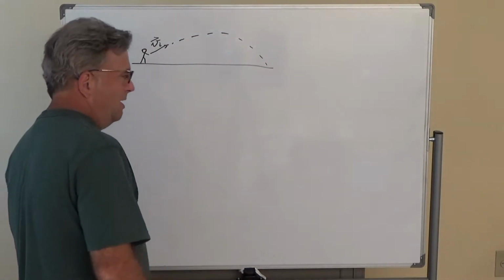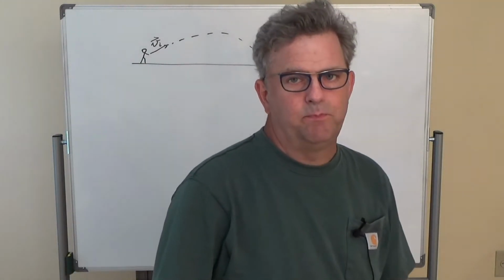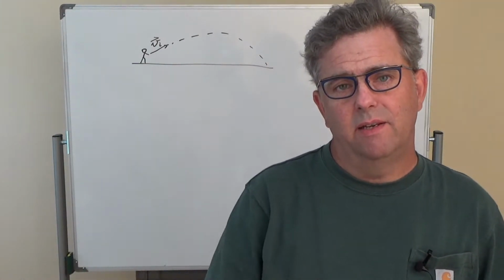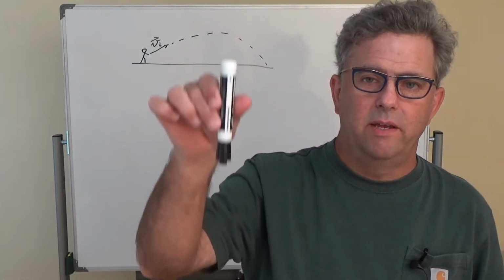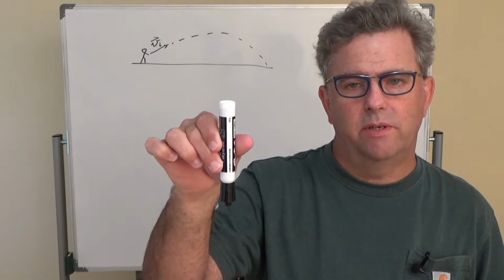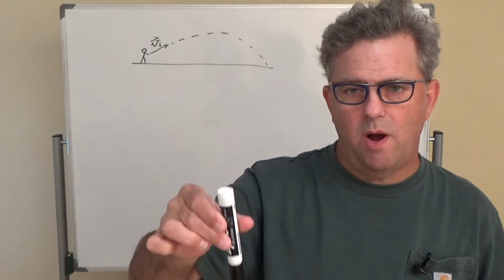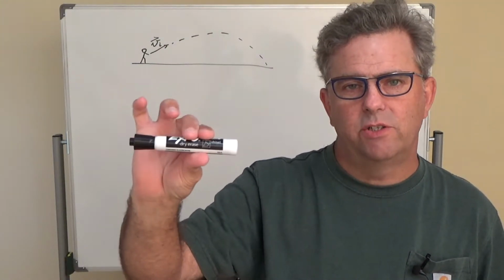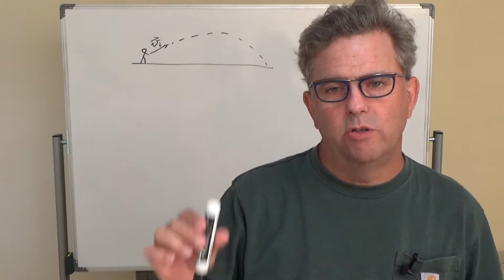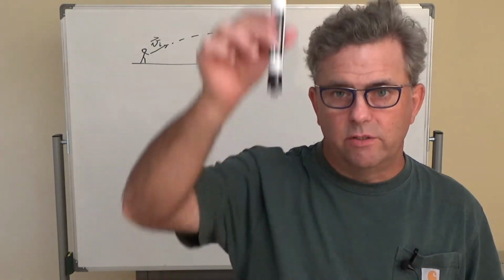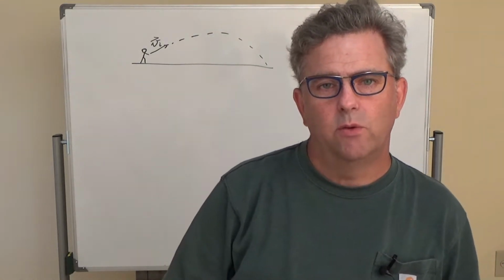It makes this nice parabolic trajectory. Once it leaves your hand, it's under the influence of gravity only. There is an acceleration in this direction, that's the y direction. There is no acceleration in the x direction. So it's a constant, steady motion in the x direction, and it's free fall motion in the y direction.